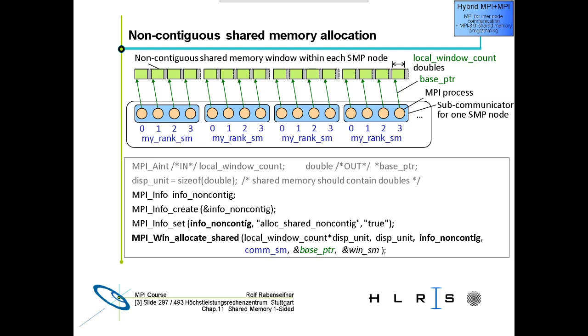We have just assumed the call to MPI_Comm_split_type as before, and now we are creating the window with an info variable, which has been created with the alloc_shared_noncontig flag as true. Before we had created the window with null info, but now we are using this info value to actually indicate that we want non-contiguous memory.